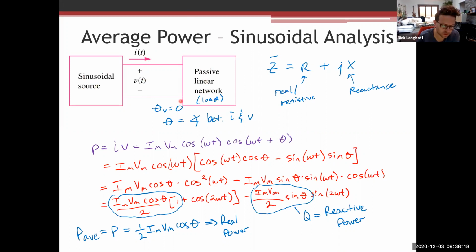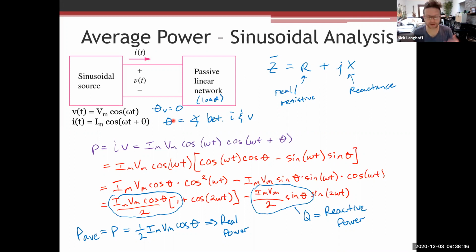We assume we have voltage and current sinusoids. Theta V, the phase of the voltage, is 0, and theta I we're just referring to as theta. Therefore, we just have to track the phase difference between theta V and theta I. Remember, the two signals are not entirely in phase.